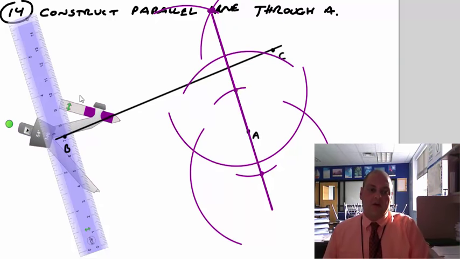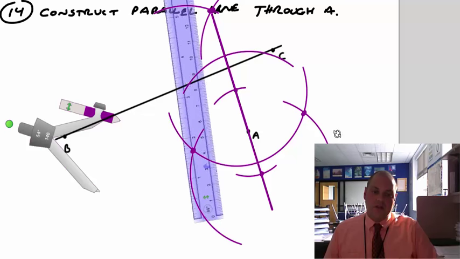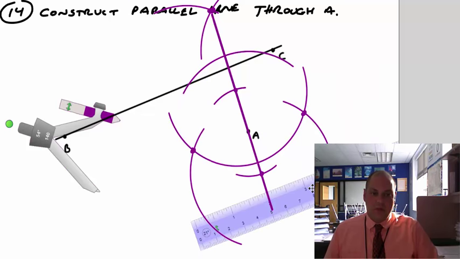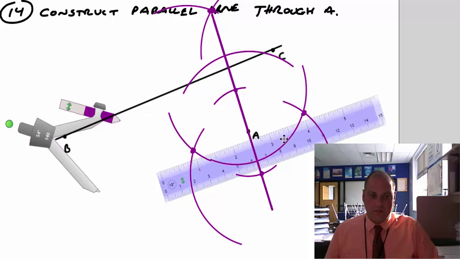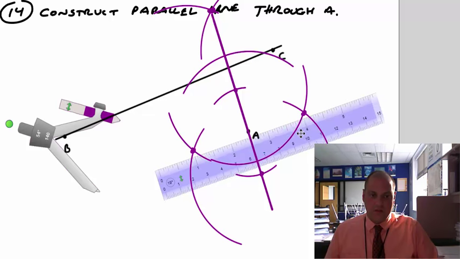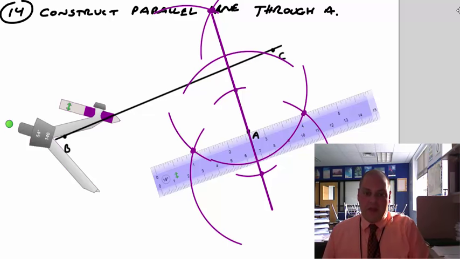It's just a little bit more accurate. So see this point right here and this point right here? Line those points right up with your straight edge. Keep grabbing the wrong thing. And hopefully it draws it correctly.